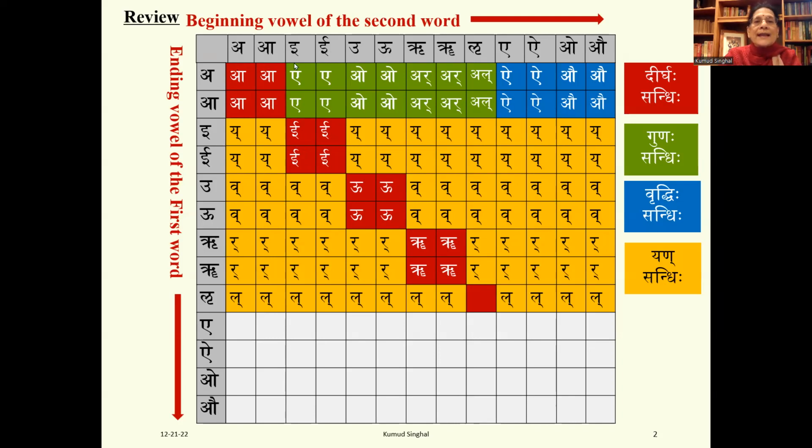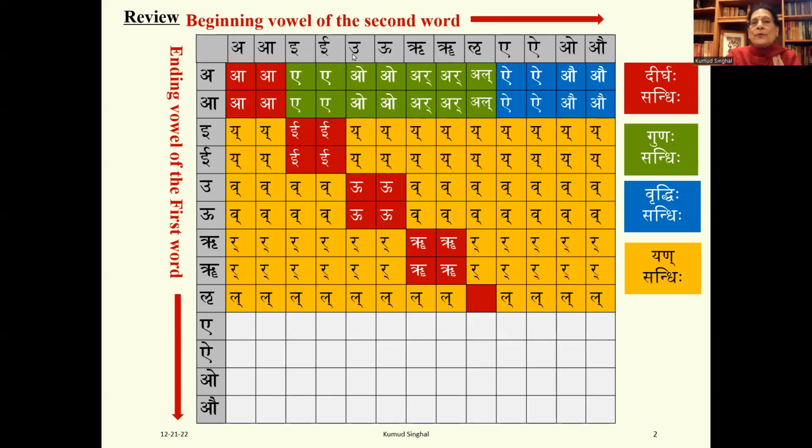Now the next sandhi is represented by green, and it is when a or ā are followed by simple vowels. Simple vowels are like i, u, ṛ. If they are followed by simple vowels, then they are replaced by the gunas. The guna of i or ī is e. So if a is followed by i or ī, then it is replaced by the guna of i or ī, which is e.